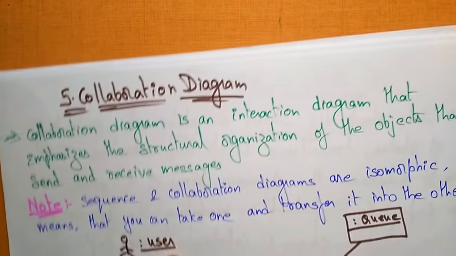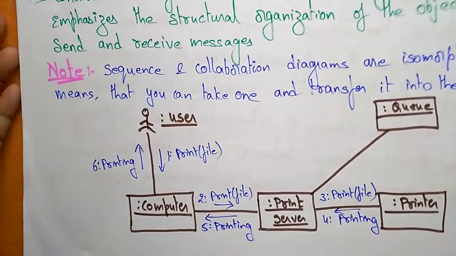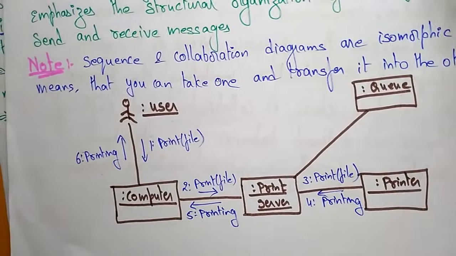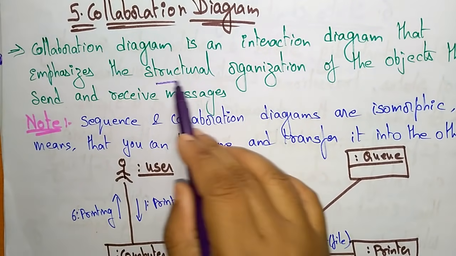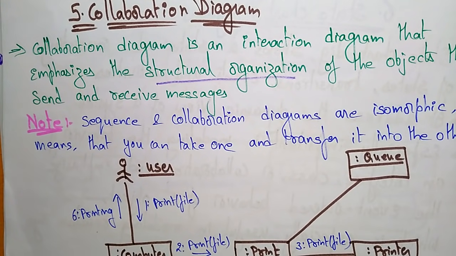Now let us see the next interaction diagram, that is the collaboration diagram. A collaboration diagram is also an interaction diagram that emphasizes structural organization, whereas the previous sequence diagram emphasized time ordering.